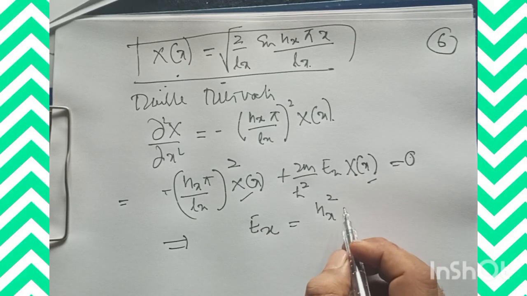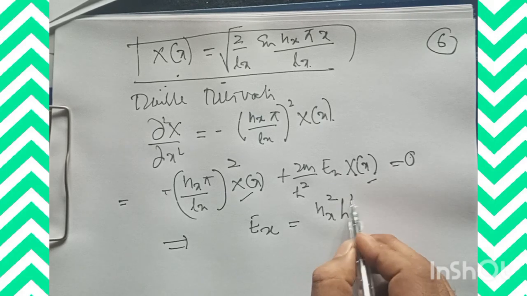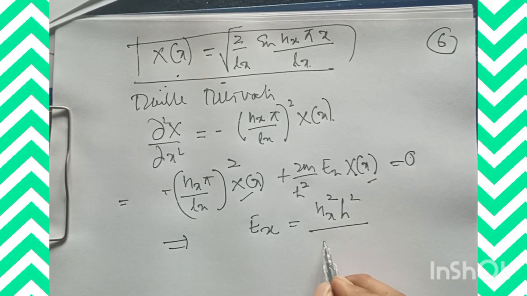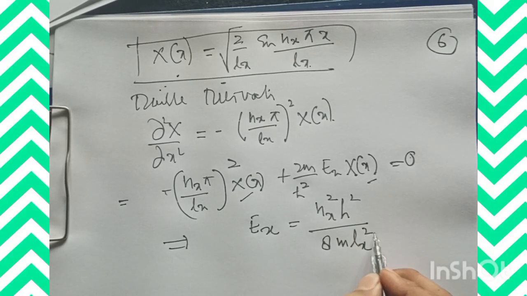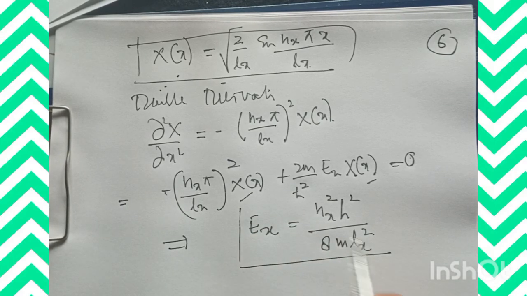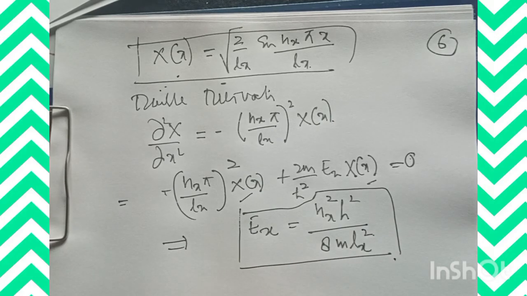What you'll be left with is nx square h square divided by 8 m Lx square. So this gives us the equation for the energy of this particle in the box along the x-axis.